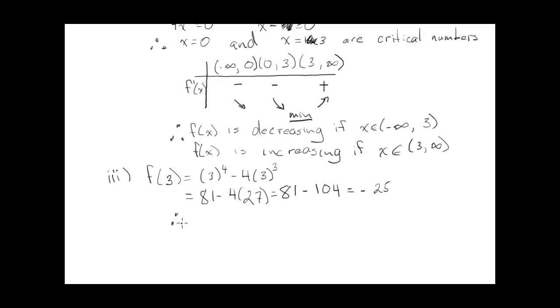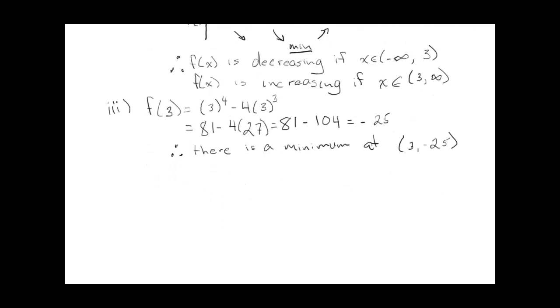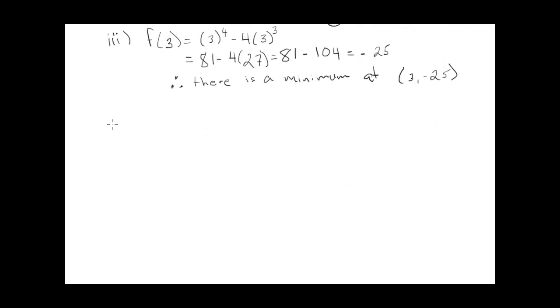So therefore, there is a minimum at 3, minus 27.